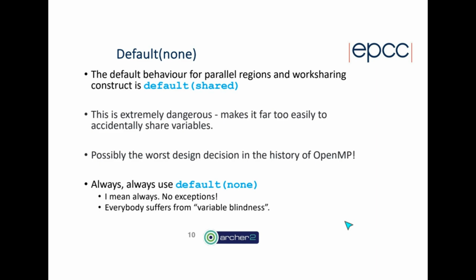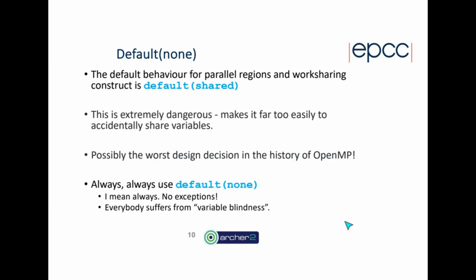So this is about the default behavior for data scoping. For parallel regions, the default behavior is the same as default shared. So if you don't put a default clause on, then most variables which are in scope outside the parallel region and are used inside it will be shared by default.